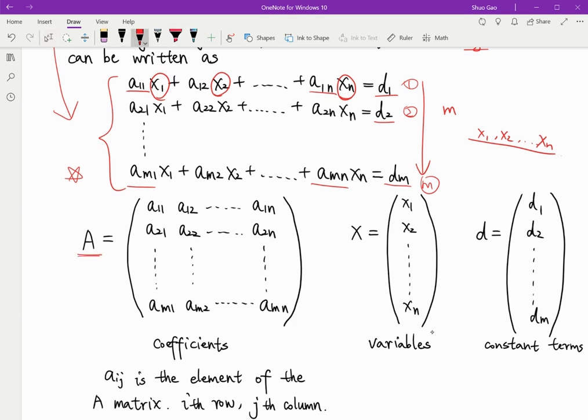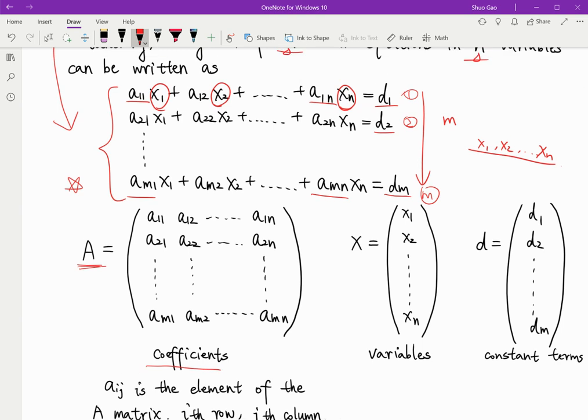This is called matrix A, big A. It is called the coefficient matrix. So in this big A, the matrix, we plug in all the constant coefficients in this system, right? So that's A11, A12 to A1n, so that's the first row. And for the second equation, we also have n parameters or n constants.